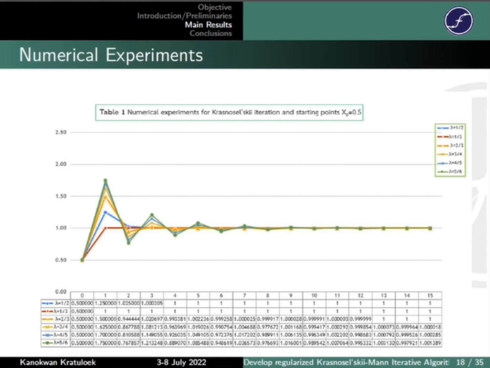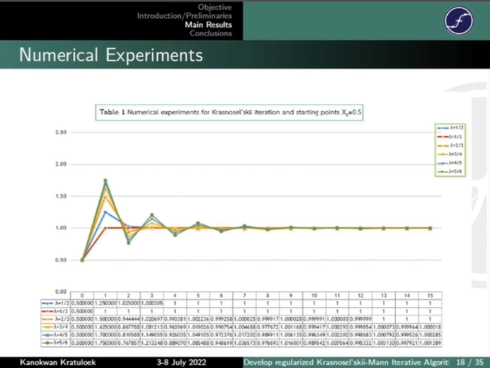For the numerical experiments, we consider different values of parameters alpha_n, beta_n, theta_n, and lambda, and of starting point x0. By n, we denote the number of iterations needed to obtain the fixed point with 6 exact digits.